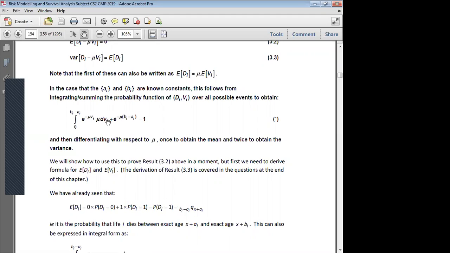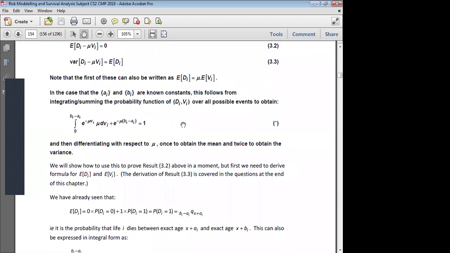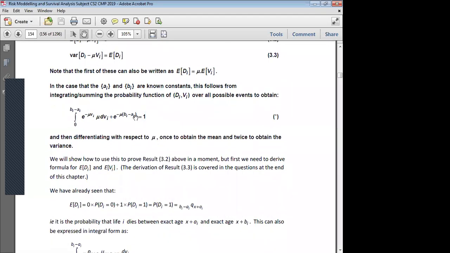And the second thing that you're adding is the possibility where this person actually does not die. So this is precisely the thing that Sauri was trying to say, which will be px plus ai. And here you will have Vi minus ai, which is why you get e raised to minus mu times Vi minus ai. Because these are the only two possibilities, either a person will not die or a person will die, this will always add up to 1.